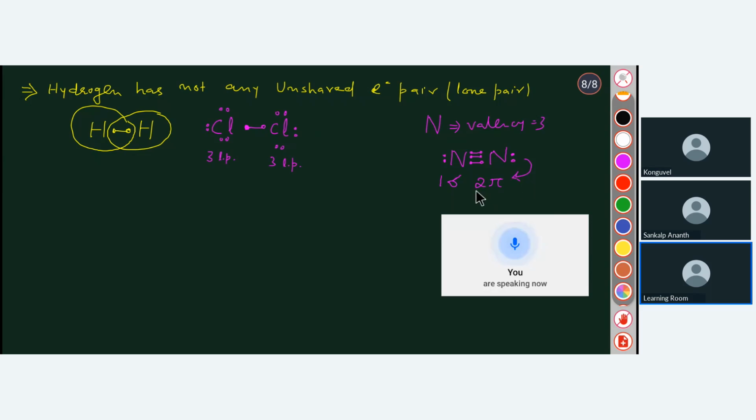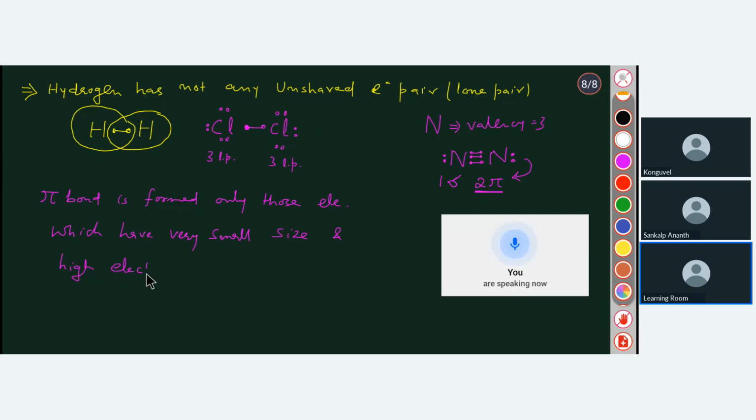Sir, pi bond is actually formed only by those elements which have very small size. Okay, I will write it here. This is the extra information you can remember, that pi bond is formed by only those elements which have very small size and high electronegativity.